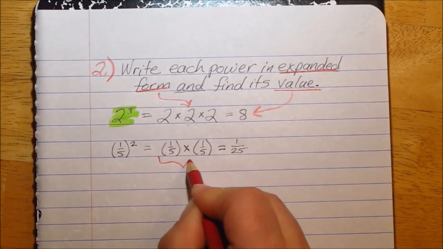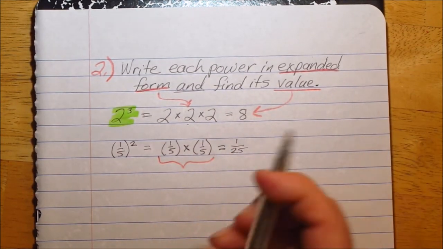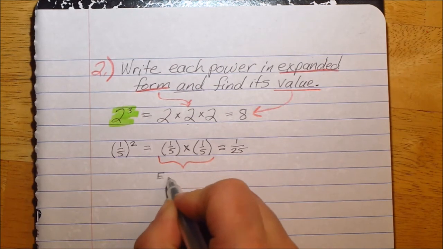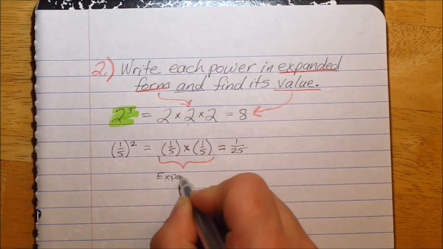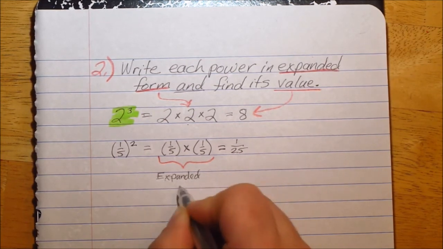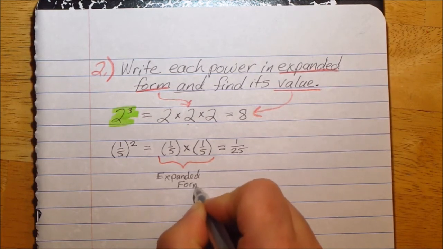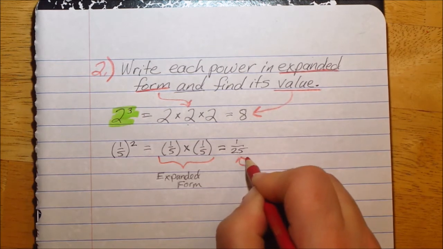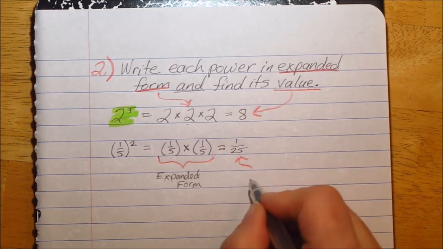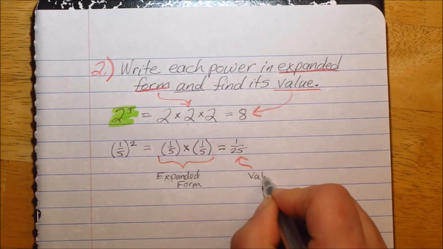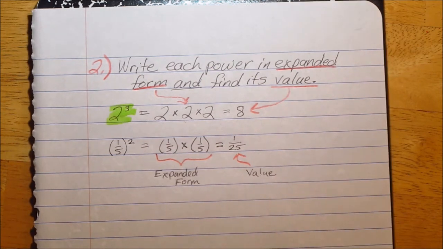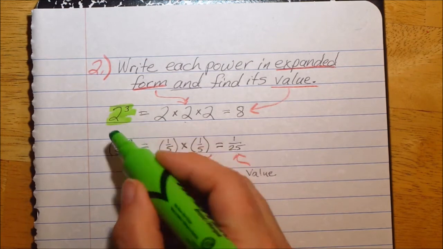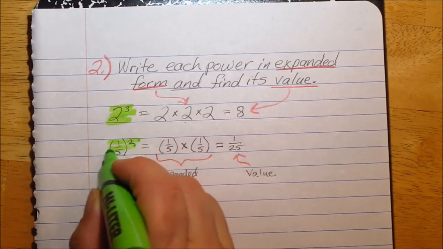This is expanded form, and this is value. Okay, so far so good. We'll do a little green highlight on what our original power was that we were working with there.